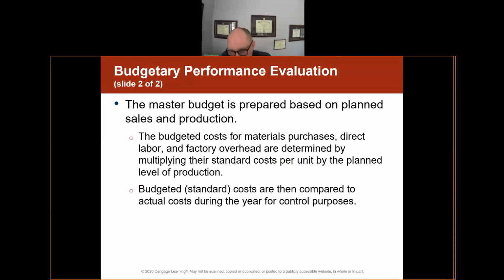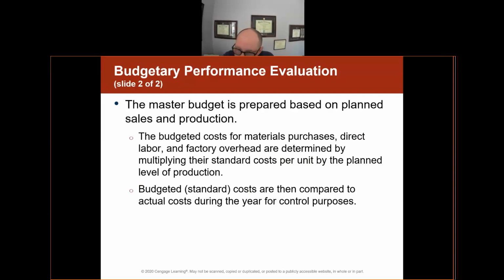So now that you have a basic understanding of how the standard costs are comprised, the company sets the budget based off of their planned sales and production. You remember this from the budgeting chapter, I'm sure you do. So the company budgets for the cost for the materials, direct labor, and factory overhead by taking the standard cost and multiplying by the planned level of production.